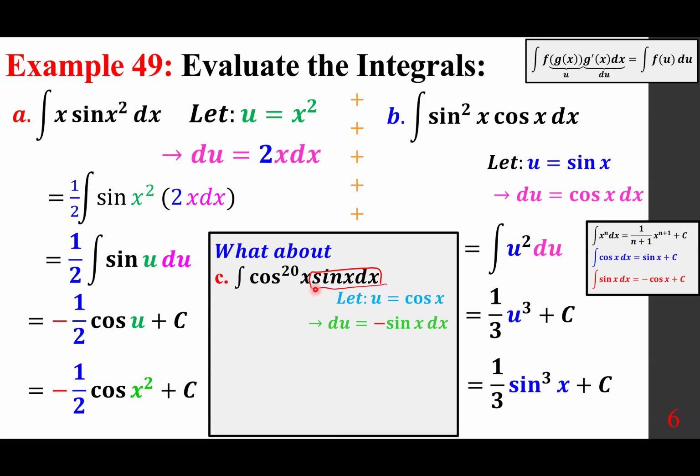So you can put a negative in, negative out. So that takes care of the business. Please understand, -1 times -1 is +1, and we are fine. So we have minus the integral of u to the power of 20 du, which, using the power rule, is -1/21 u to the power of 21 and a constant. Replace the u, -1/21 cosine to the power of 21 x, and we add a constant. We are done.